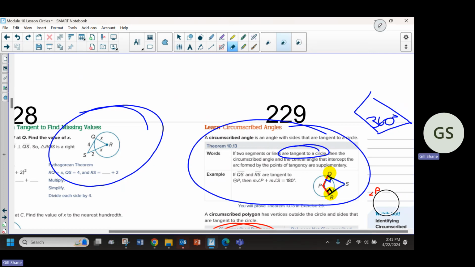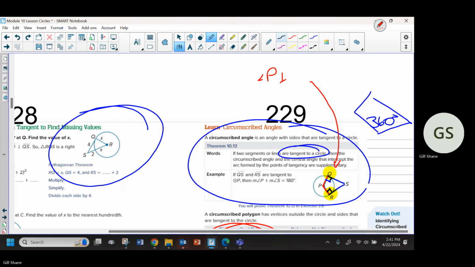Here, I'm going to write some notes. So if I know Q plus R is 180, then I know angle P plus angle S, so again, down here, just draw an arrow to it.